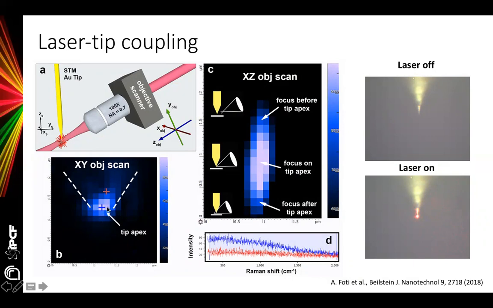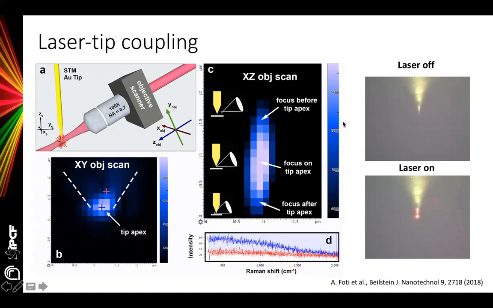So we can put the laser position exactly in this point where we think that there is our tip apex. At this point, we can do another scan in the orthogonal direction, this time in the X and Z direction, trying to maximize the intensity also in this case. We will have this kind of elliptical shape where the maximum focus is in this position.